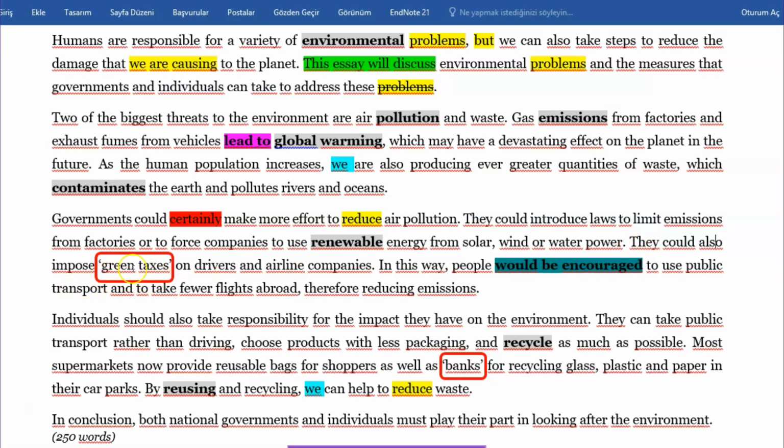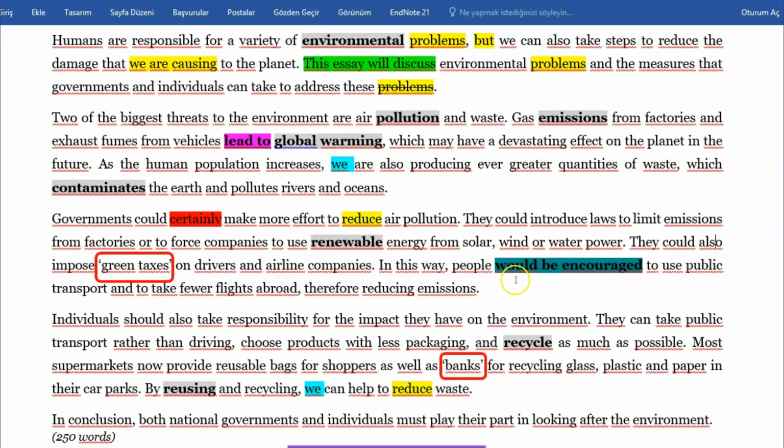Green taxes. Pay attention to the correct usage of the quotation mark, right? Green taxes on drivers and airline companies. In this way, people, individuals would be encouraged.